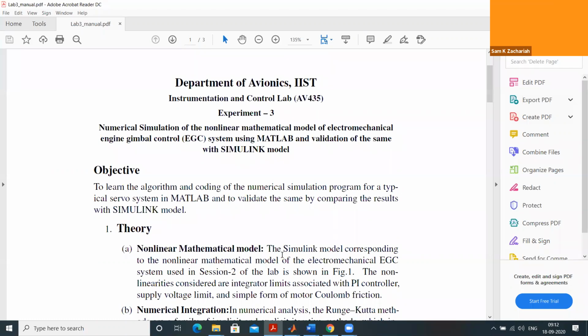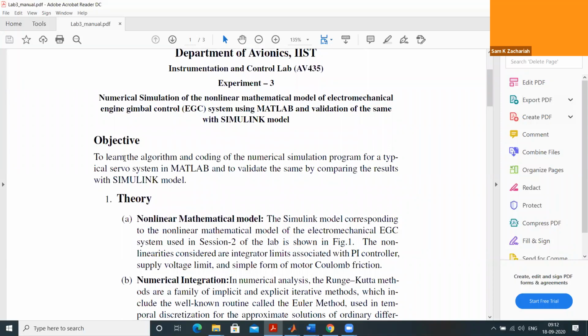That is the objective: to learn the algorithm and coding of the numerical simulation program for a typical servo system in MATLAB and to validate the same by comparing the results with the Simulink model.